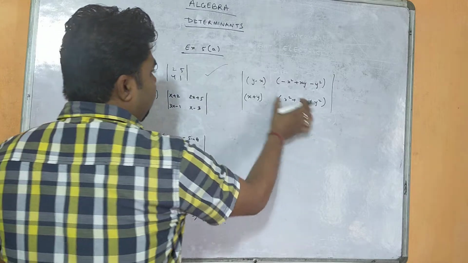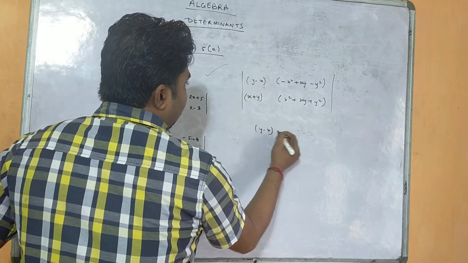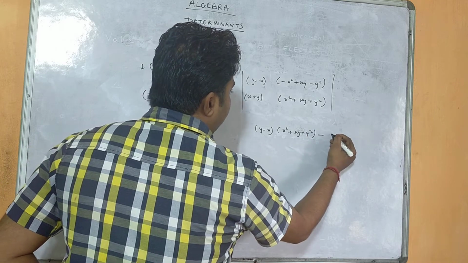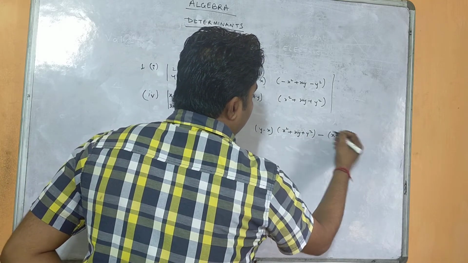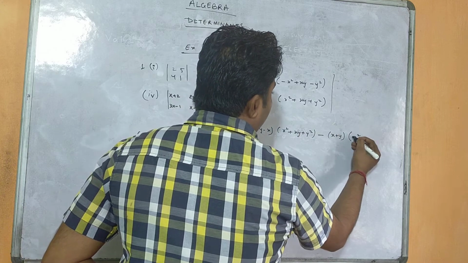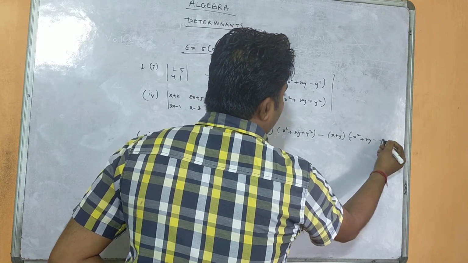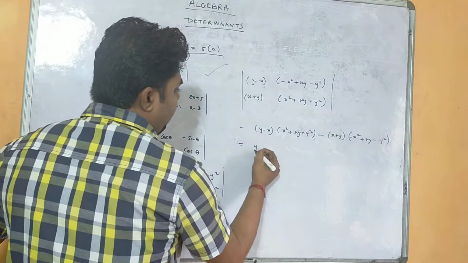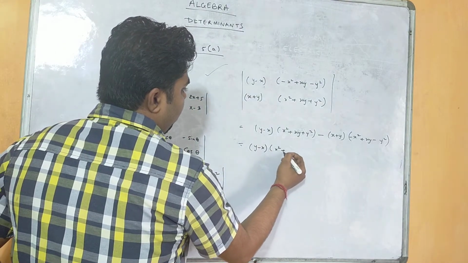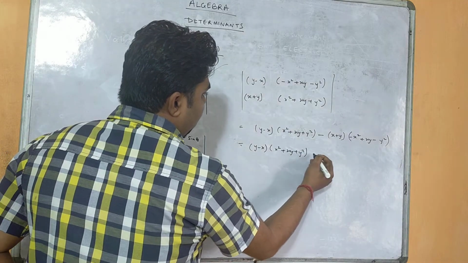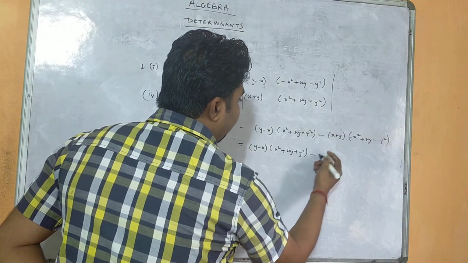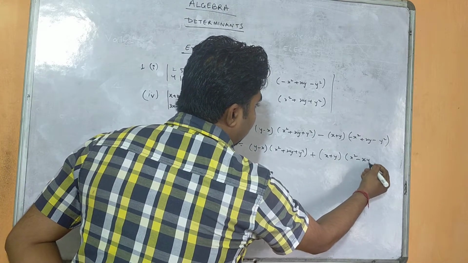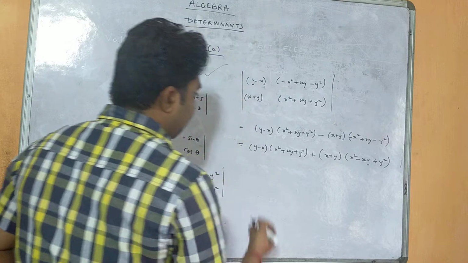So when you multiply this, we'll get y minus x square plus xy plus y square, minus x plus y, x square plus xy minus y square. So you see, y minus x square plus xy plus y square, minus, so when you multiply this minus inside, then this will be x plus y, x square minus xy plus y square.